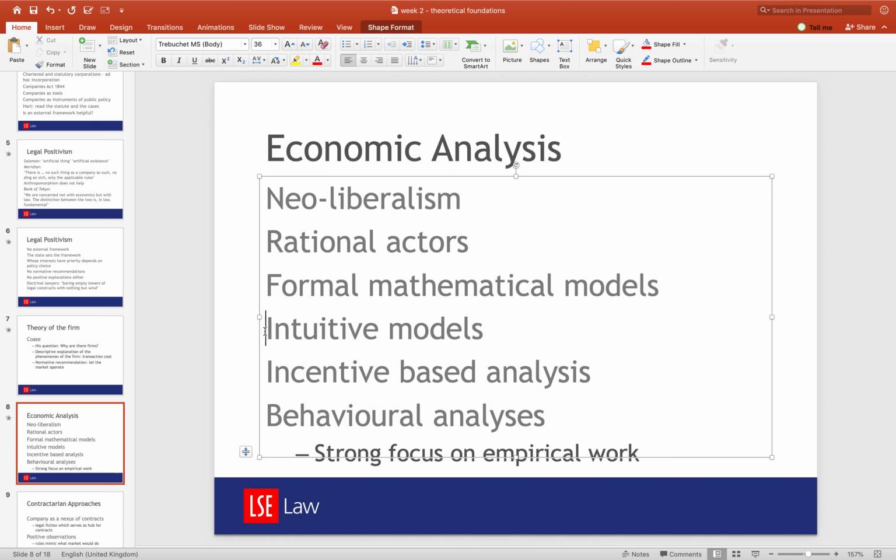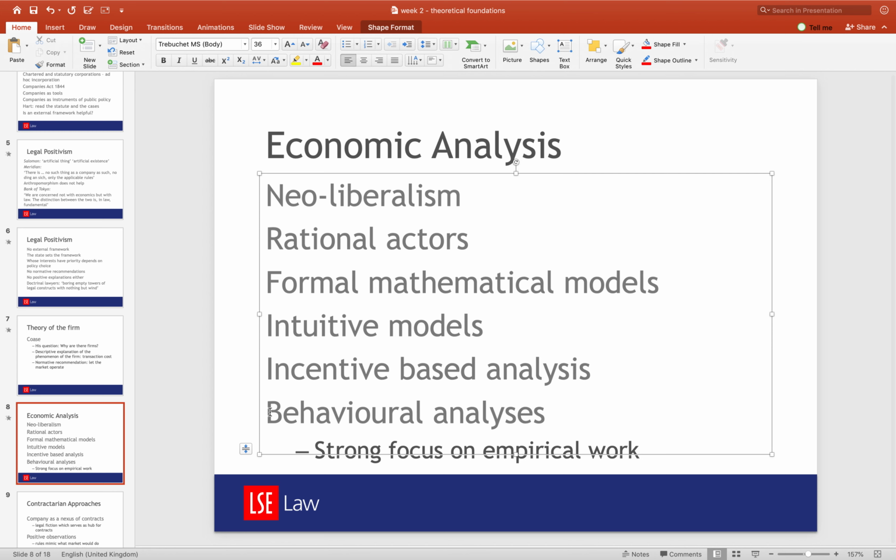So this is not a formalized explanation of what we think is going on, rather an explanation of logical connections. But definitely, the core of the analysis is an incentive-based analysis. So we look at what are the incentives of directors, what are the incentives of shareholders, and make recommendations based on that, or explain the law based on the incentives that we observe.